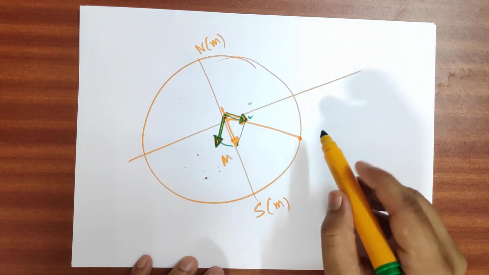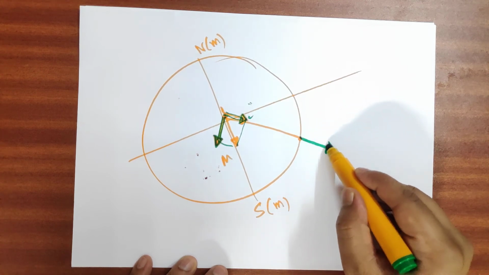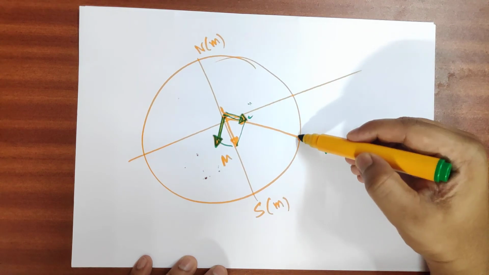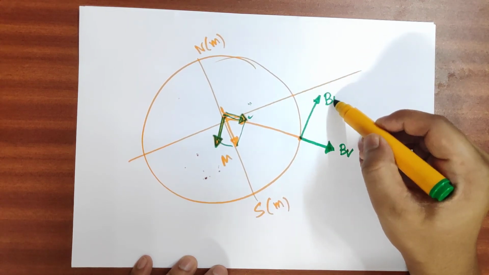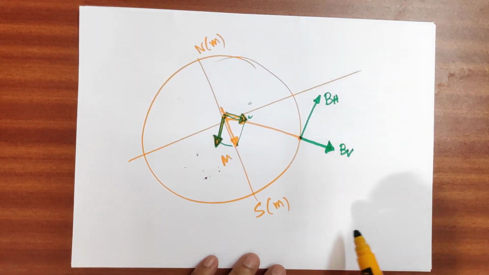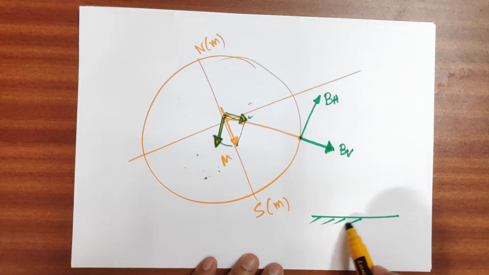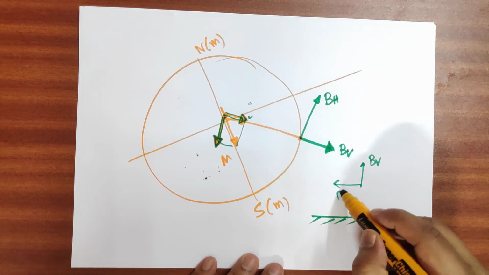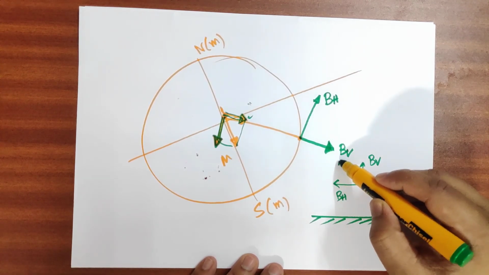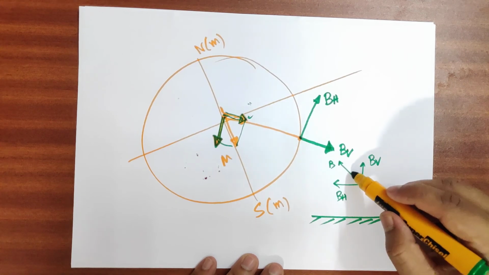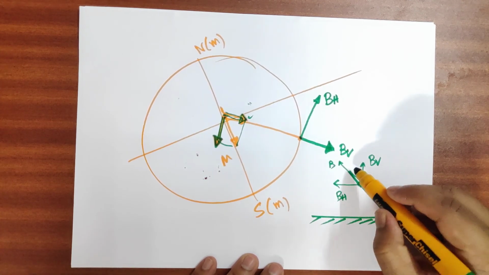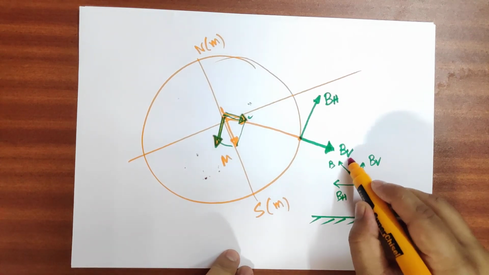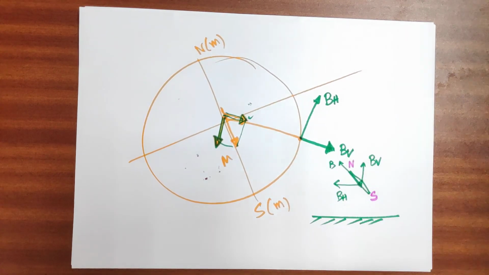Due to this magnet, the field is vertically upward. So BV is vertically upward here, and BH is along horizontal. So at a certain place on Earth, if BV is upward and BH is like this, that means the resultant field is in this direction, and that is why the north pole behaves in this way. There you have the north pole and there you have the south pole.